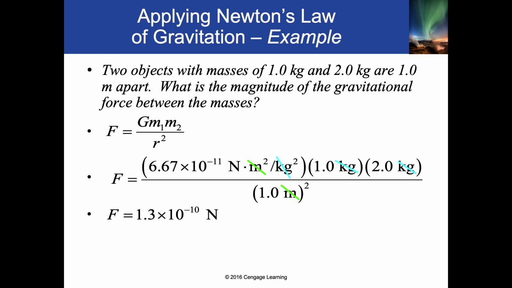The G is the gravitational constant, 6.67 times 10 to the negative 11. Then we put the first mass, which is 1 kilogram, the second mass, which is 2 kilograms, and then we divide by the square of the distance. It's that easy, and that's going to be your answer, 1.3 times 10 to the negative 10.